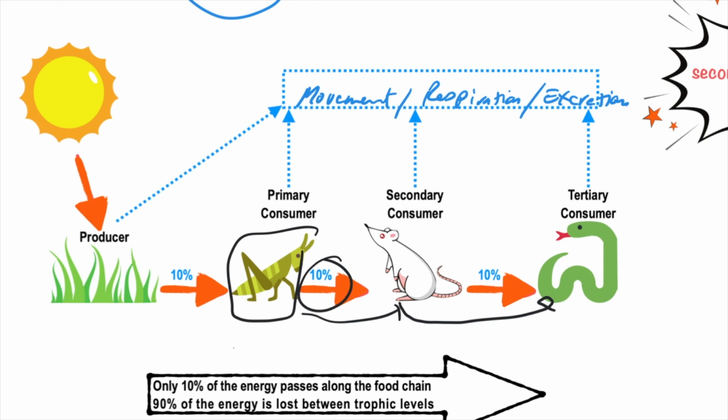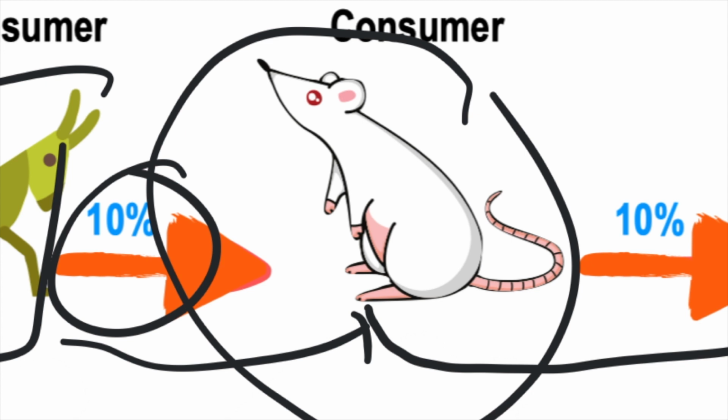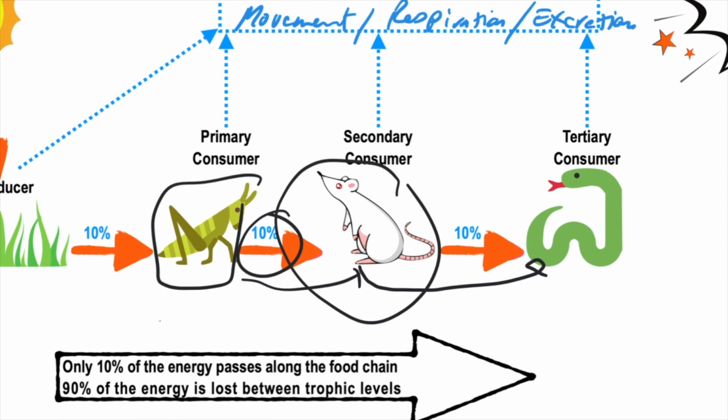There's also something about animals, which is that there are so many tissues in the body of the animal that are not edible, like the bones and the fur, the nails. So all of these are not edible, so that adds to this loss of energy in a food chain.